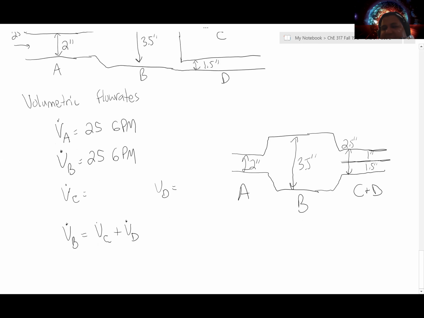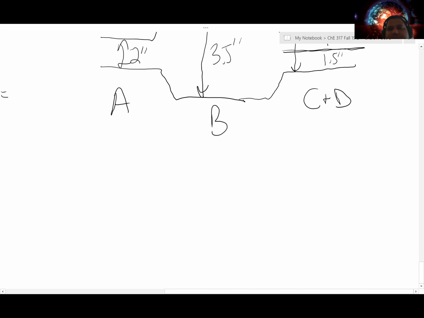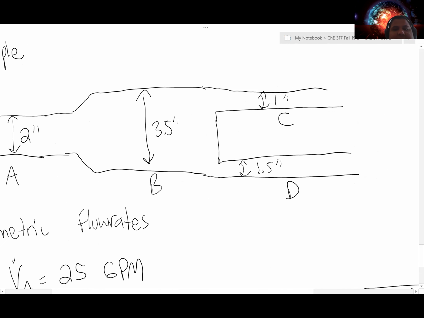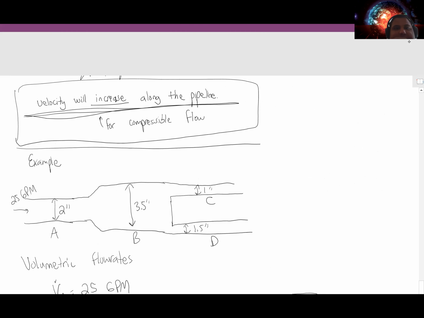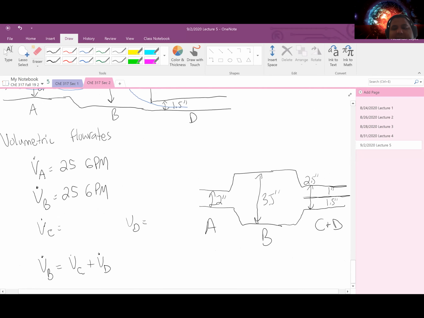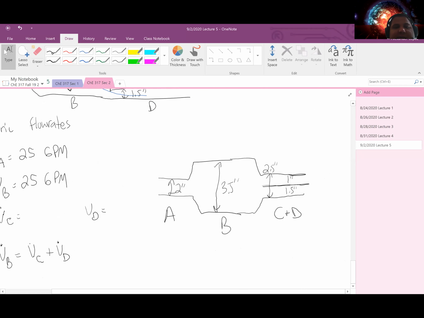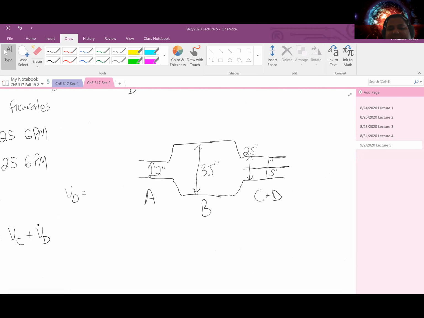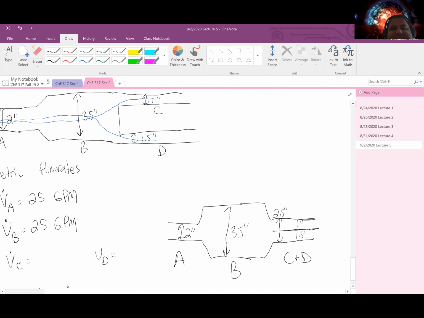And I've drawn it like this for a reason. A fluid particle is going to either flow into A, into B, and into C, or into A, into B, and into D. It's not really going to make a choice, so to speak. And so the fluid, as it flows through this system, is going to act as if the split that exists between C and D is non-existent.